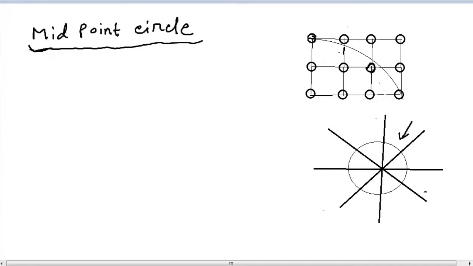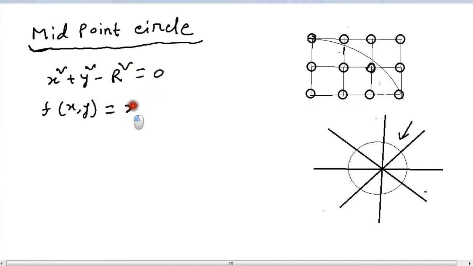Now, we know the equation of a circle is given by x squared plus y squared minus r squared equals 0, where r is the radius of the circle. If we write the function, we can say f of x,y equals x squared plus y squared minus r squared, which is 0 for all the points x,y that lie on the circle.